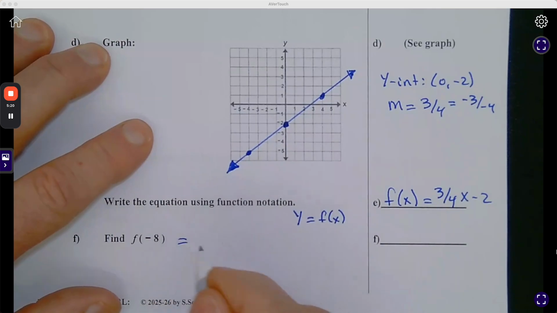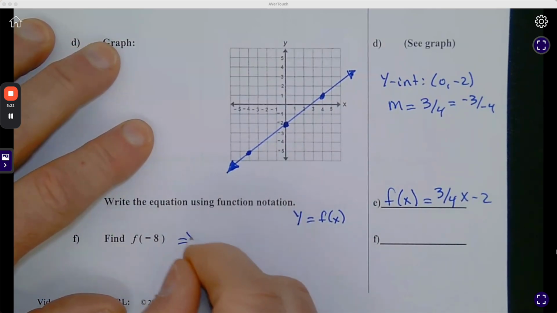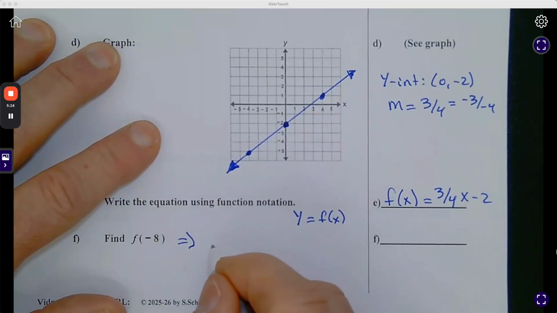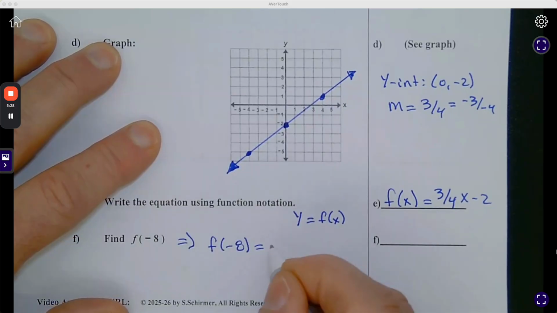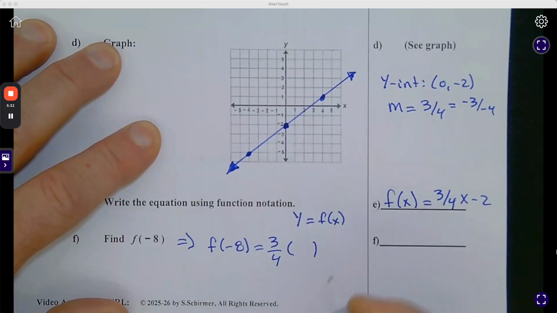Now if I'm going to find f of negative 8, we did this way, way long ago. This is function notation. So f of negative 8 is equal to 3/4. I'm going to put a parenthesis where there's an x in my rule, and in those parentheses I'm going to put that number. That's what they're asking me to do. I don't do anything with the left-hand side.